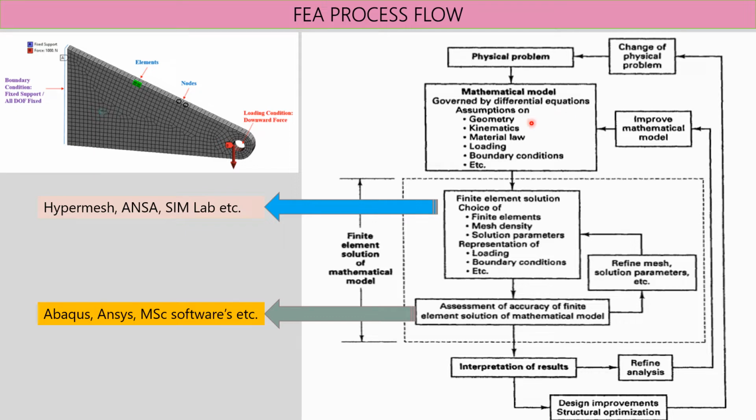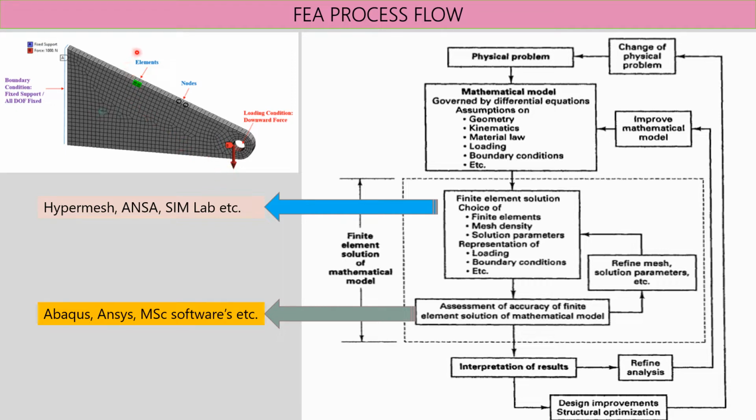In these assumptions, we need to consider the geometry, the kinematics involved in the assembly, the material law, whether the component is going to be in the plastic zone or elastic zone, the loading type acting on the component, and boundary conditions. On the left side, this is a simple flange component which is fixed at the left side, and we are applying a point load in the downward direction.